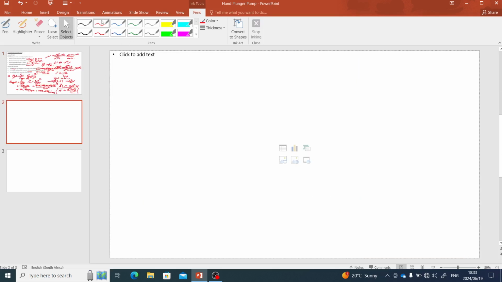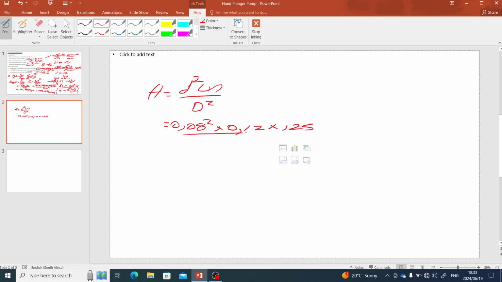This is the formula that we'll be using to calculate the height. Okay, now we have h equals small d squared l n over big D squared. Small d is 0.08 squared, multiplied by stroke length, given as 120, which is 0.12, multiplied by 125, divided by 0.4 squared.